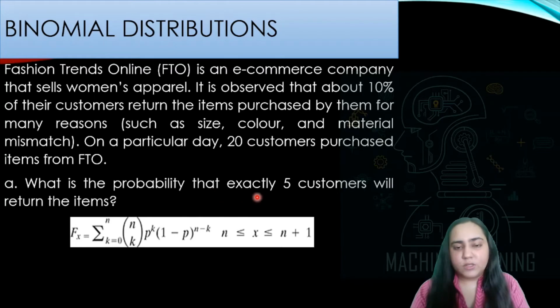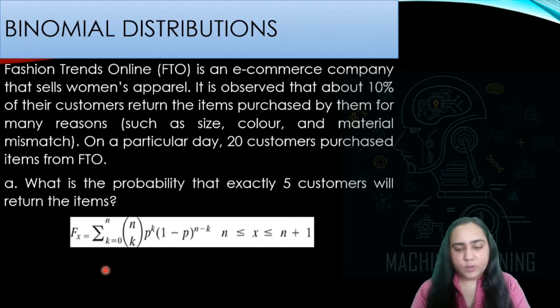And your question is to find out exactly how many customers will return items: the probability of exactly 5 customers returning the item. We are going to be using this formula right here, which we saw previously. I've just kept it here for reference.